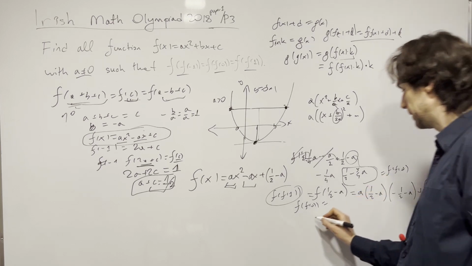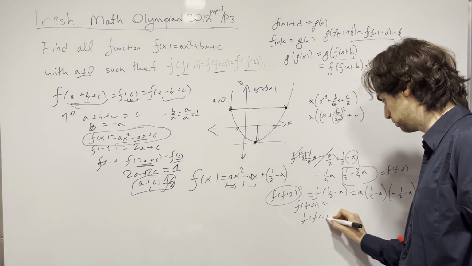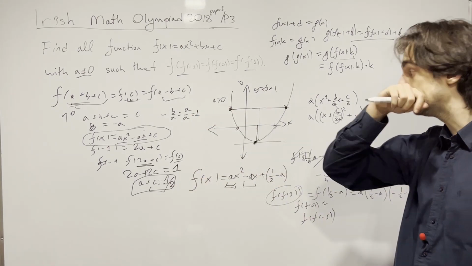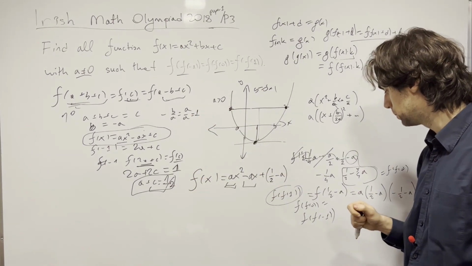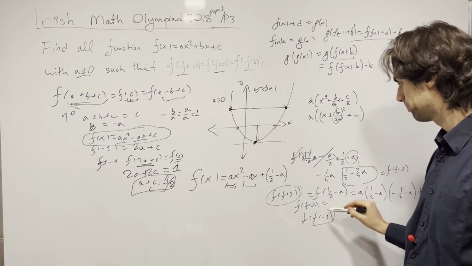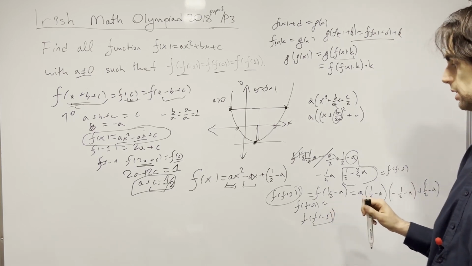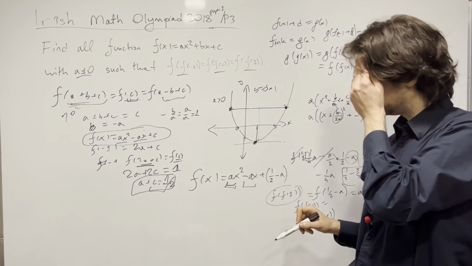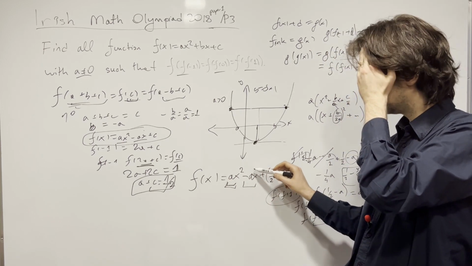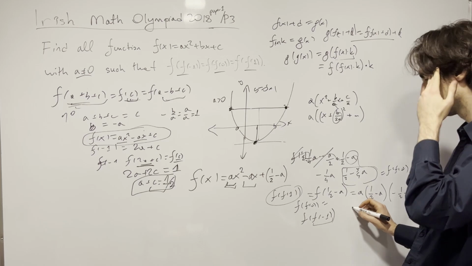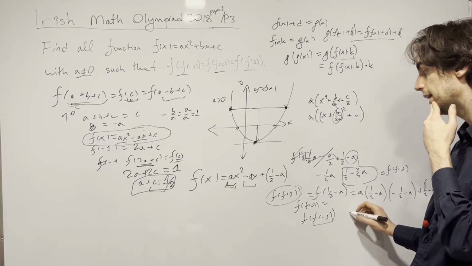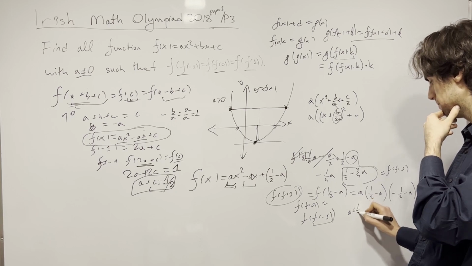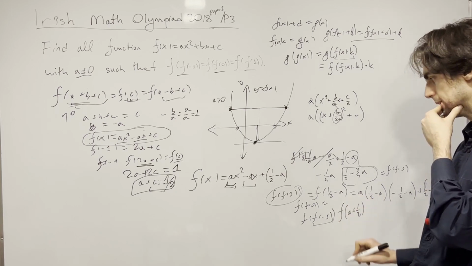And now f of negative 1, which is the interesting one, the different one, which is the thing that gave us the a and c, is going to equal what? Negative 1, so 1 plus 1, 2a minus a gives us a plus a half, right?